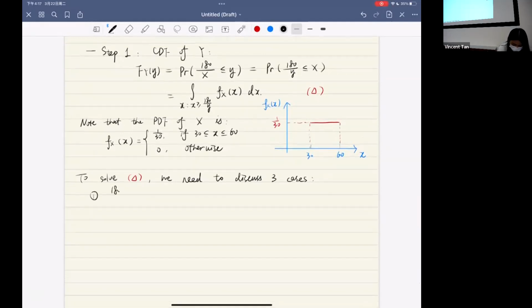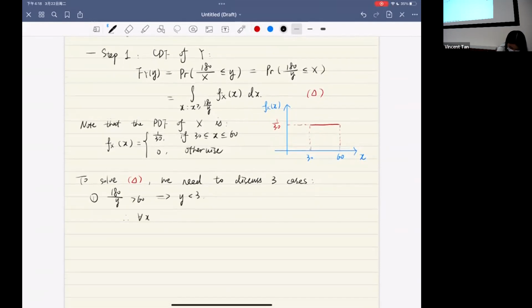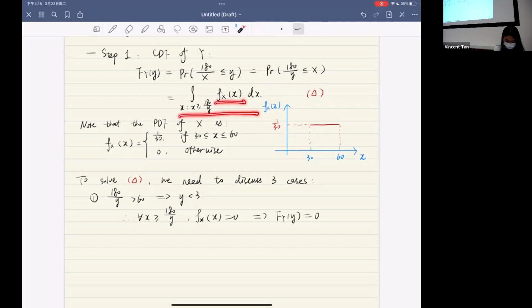First, if 180 over y is greater than 60, which means y is smaller than 3, then the integration here is also 0 because f of x is 0.